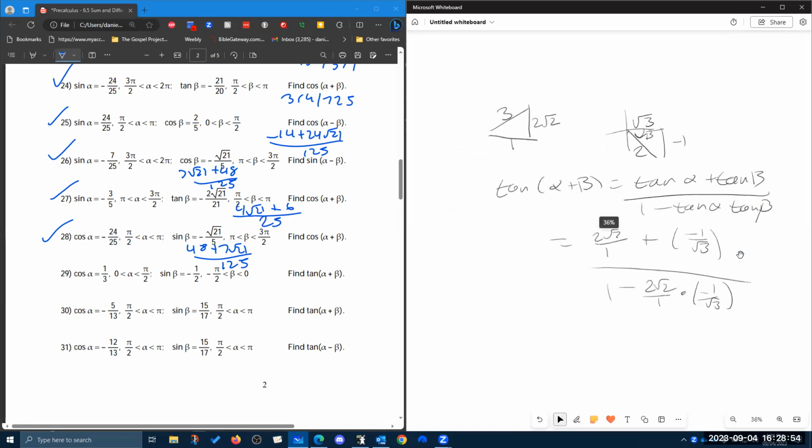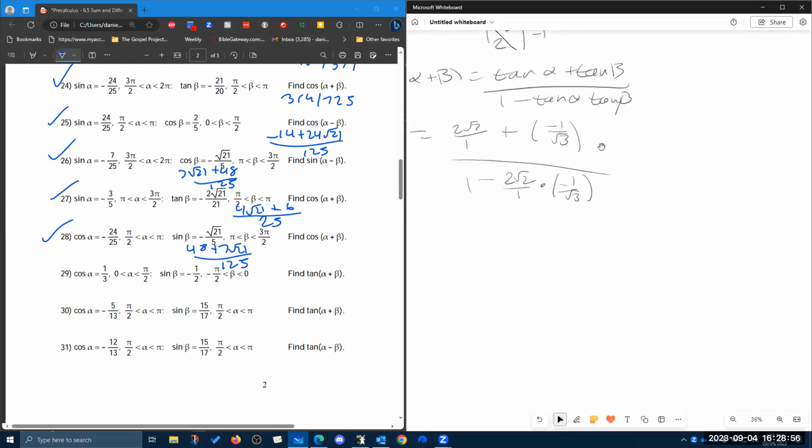So we're going to need to simplify and rationalize and all that good stuff. So this is going to be 2 root 2 minus root 3 over 3, over 2 root 2 over root 3. Let's make this root 3 over root 3.